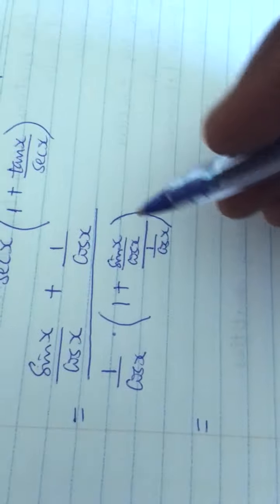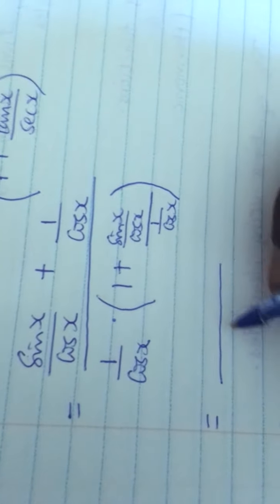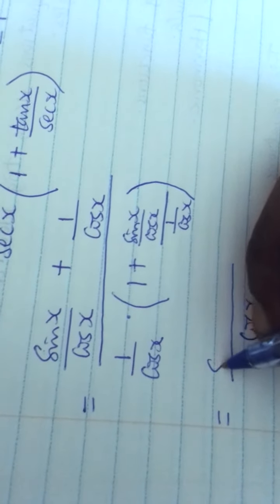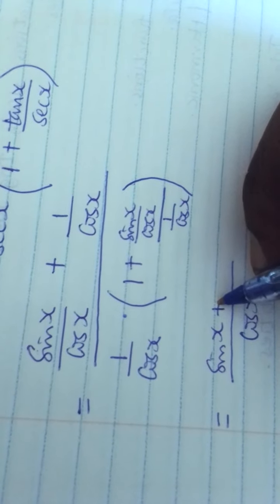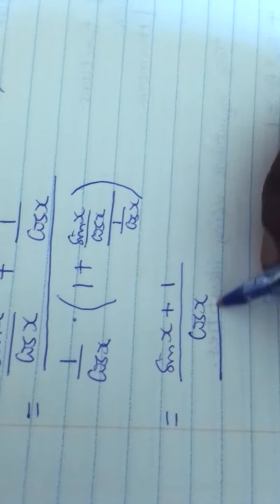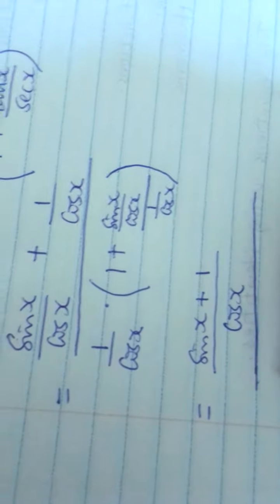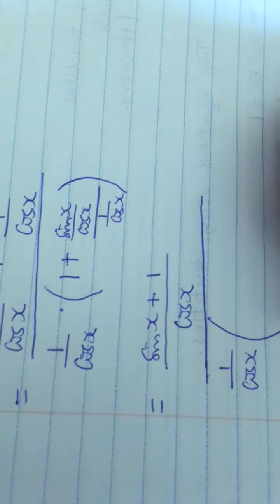When we take the LCM of the numerator, we shall have cos x common, so up we shall have sine x plus 1. Then this one is all over 1 over cos x bracket.